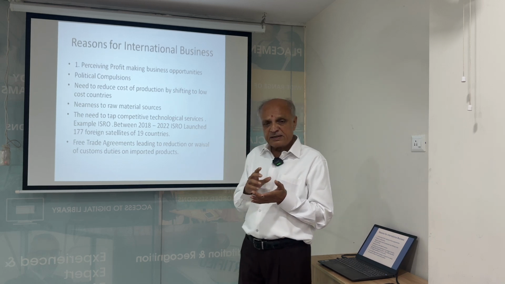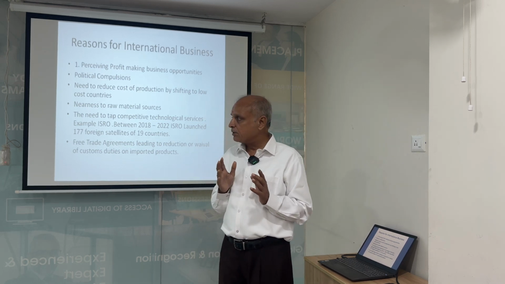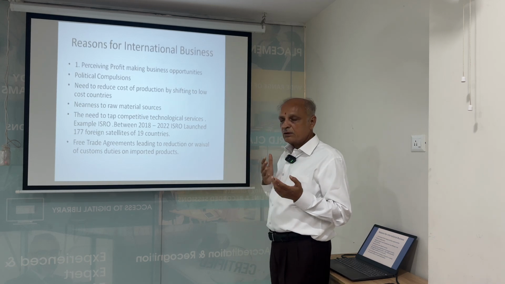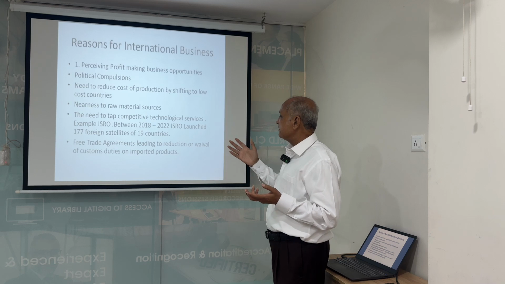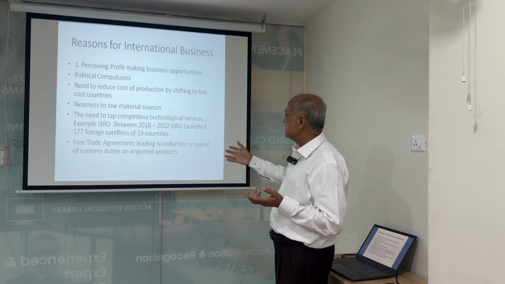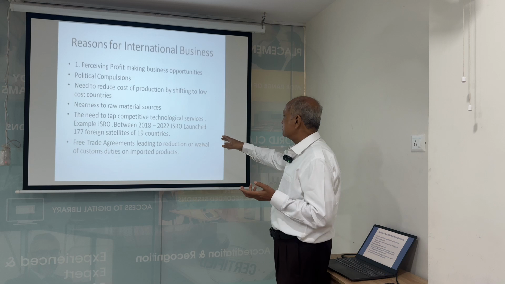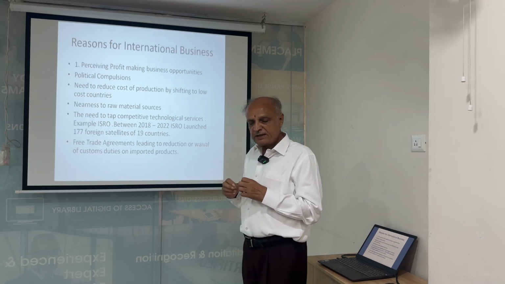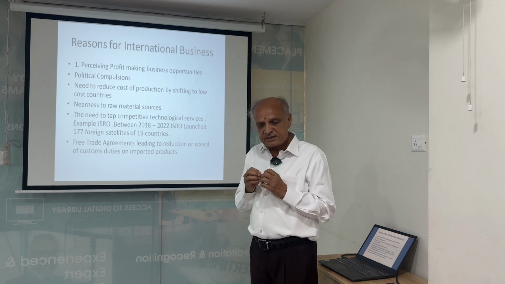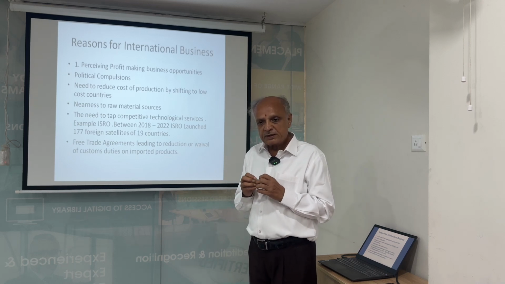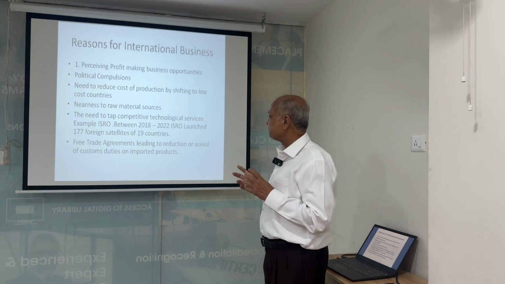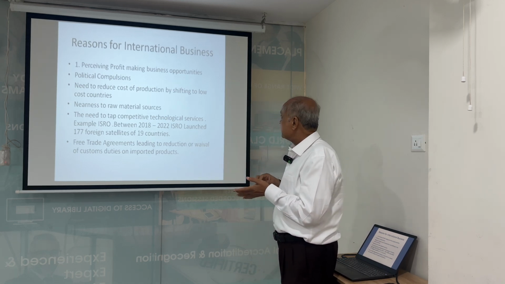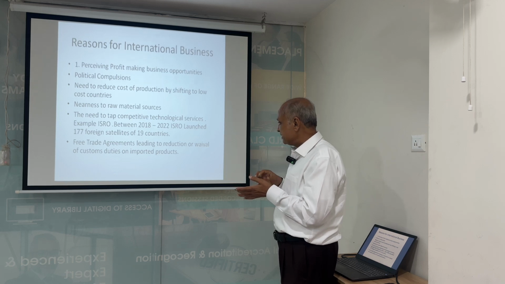Indian Space Research Organization at Sriharikota, due to its technological capability, could successfully launch about 177 foreign satellites of 19 countries between 2018 and 2022. The foreign countries are satisfied with the quality standards of ISRO to launch the satellites into orbit. This is one more reason why international business takes place between countries.